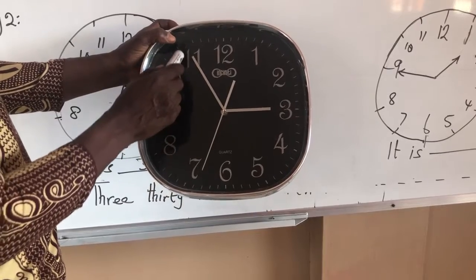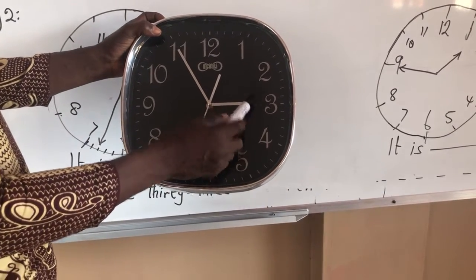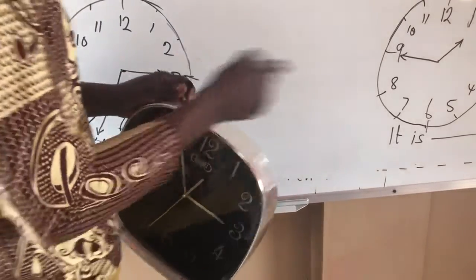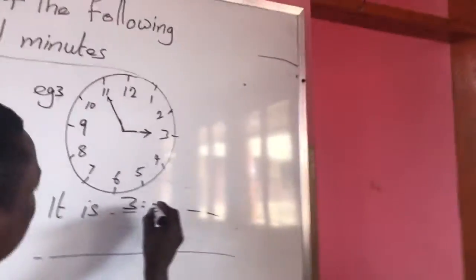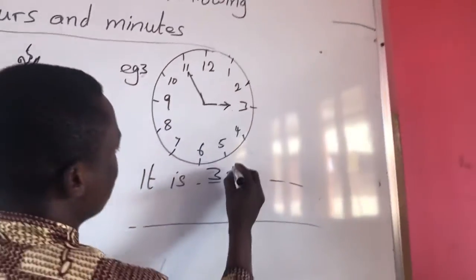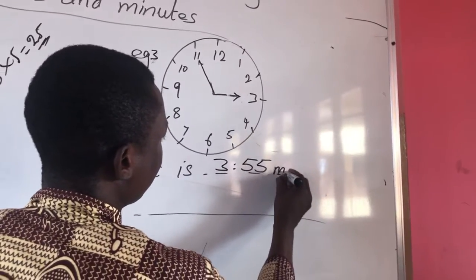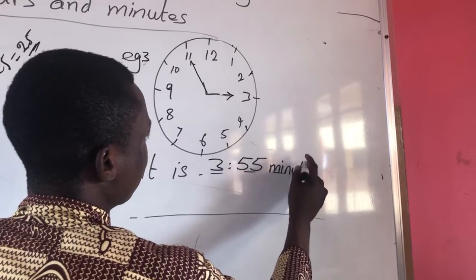But now it is on 11, which is what? 55. The shorter hand is on 3, telling you what? 3 o'clock. 3 o'clock. What? 55 what? minutes.